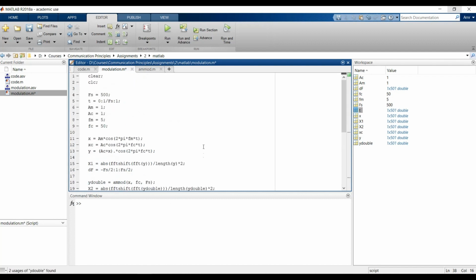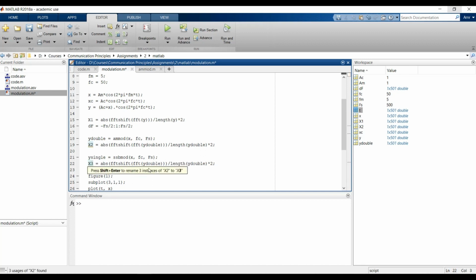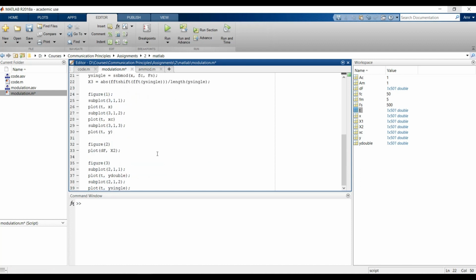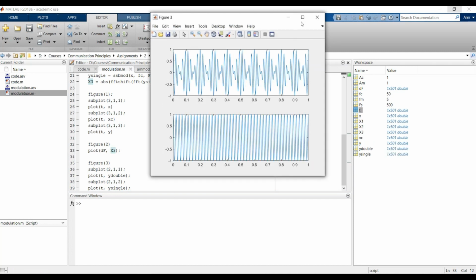And then we can also check the frequency spectrum of this one, call it x3. In this way, we don't need to multiply by 2 to normalize the signal. And you'll see here. So just call this one x3. Running this one, we'll have this.